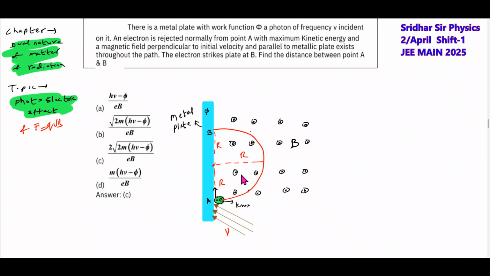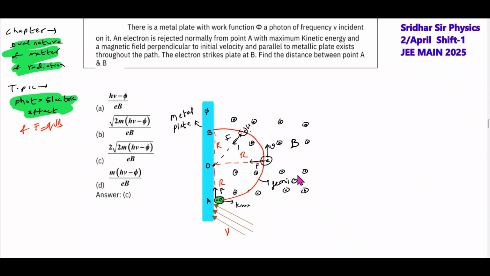I change the magnetic field. So the magnetic field is upward. So we use Fleming's left-hand rule. Magnetic field out of the plane, velocity. So on the electron, the force will be acting upward. When the electron is here, the force will be acting here. When the electron is here, it will have velocity v, and the force will be acting towards the center. This will be the center of the circle, and it will be a semicircular path.